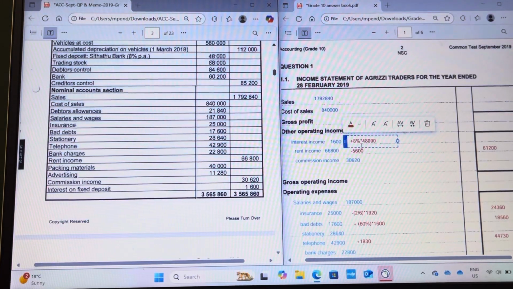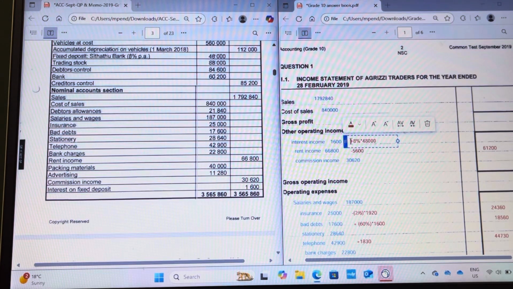So we're supposed to increase our interest income. But then here's the trick. Our total interest income receivable is 8% of our fixed deposit, which is 8% of 48,000, which is 3,840. But of that 3,840, we've received 1,600.